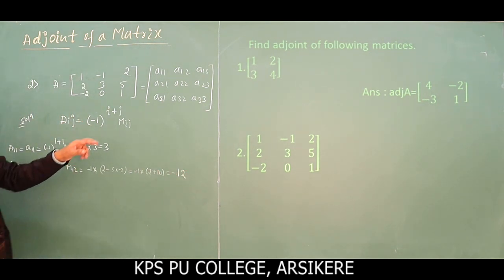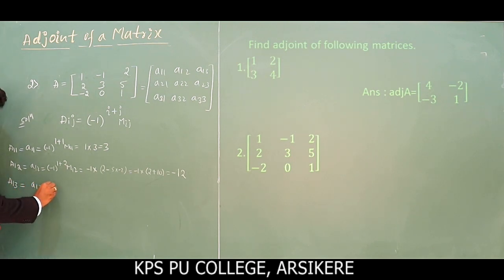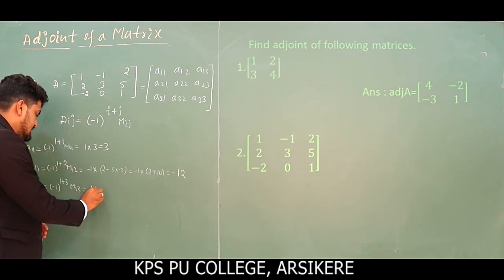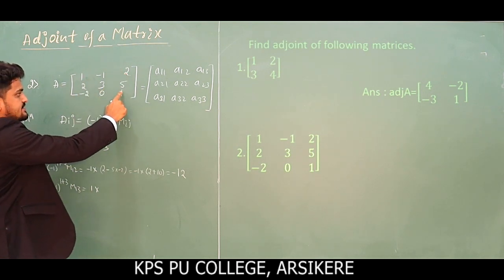In the same way, next A13 is equal to minus 1 to the power of 1 plus 3 into M13. So minus 1 to the power of 4 will become plus 1 into M13, again eliminating the ith row and jth column.